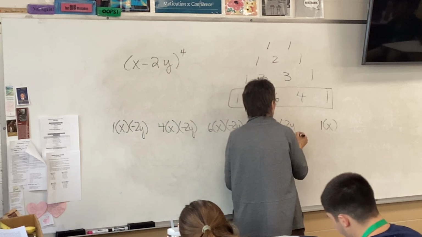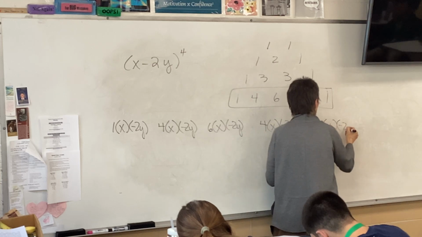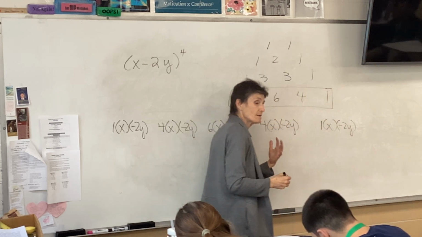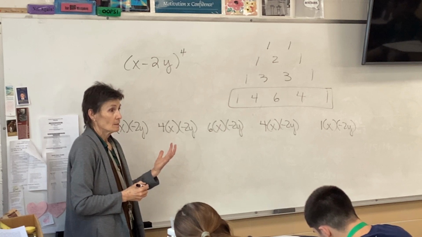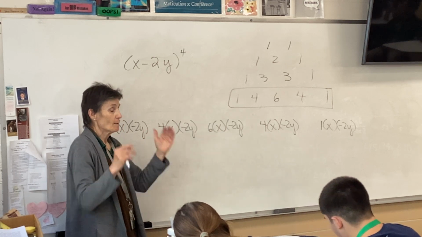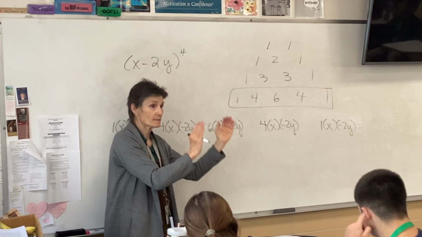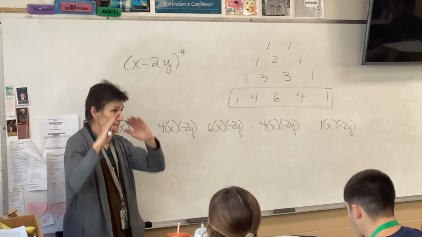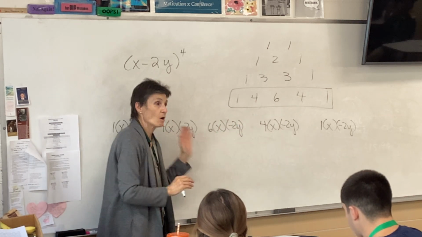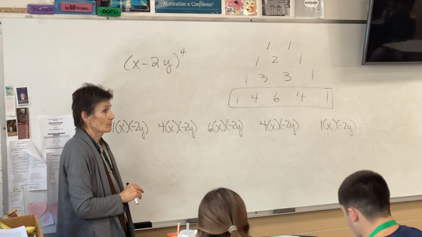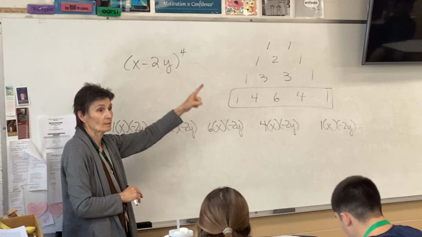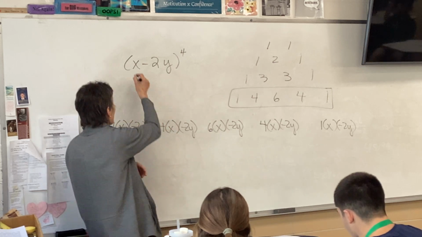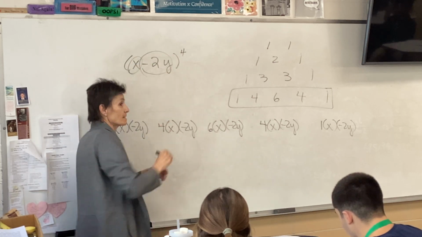If you are writing anything other than what I'm writing, because you're either too lazy or not paying attention, you're not going to get the right answer. So next to the numbers, put an x in parentheses and a negative 2y in parentheses, all the way down the line. Okay? Step 1, write down the coefficients from the triangle. Step 2, write down this and this in every term.